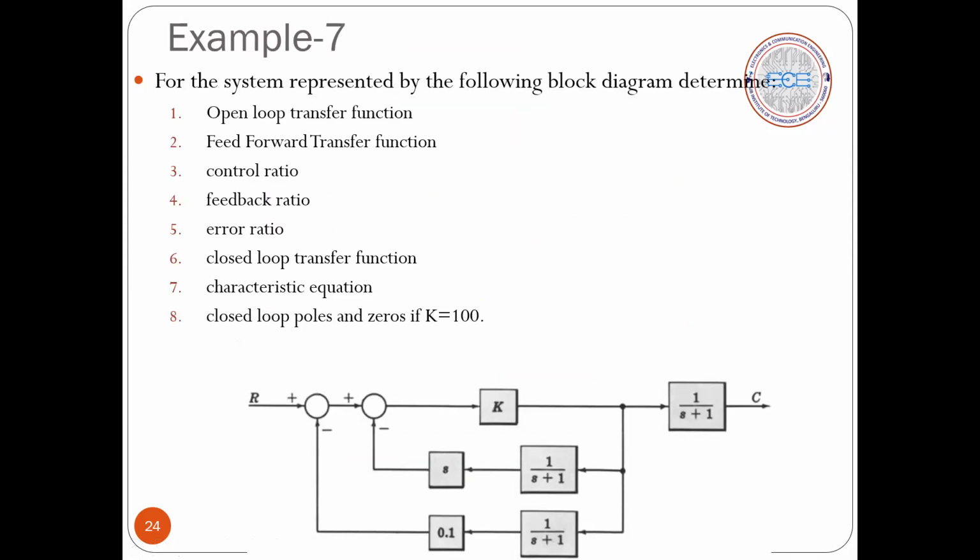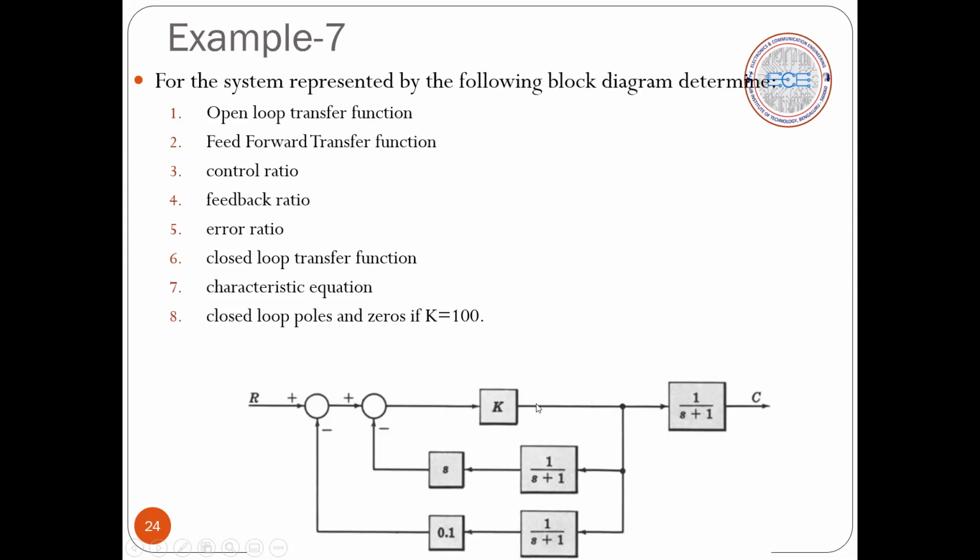I repeat here the reduction technique which you have to follow to reduce the given block diagram into canonical form. First step, group these two blocks according to the cascade technique. Take a separate takeoff point here for this summer, and one more takeoff point separately for this summer. Then simplify the inner feedback loop. What is the formula for that?